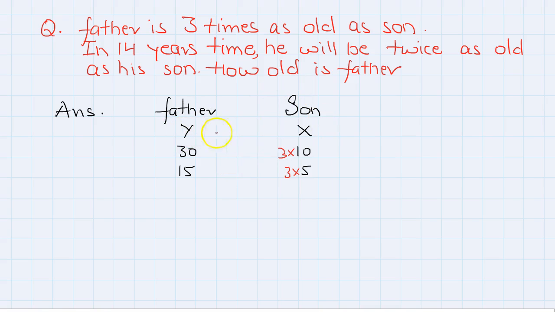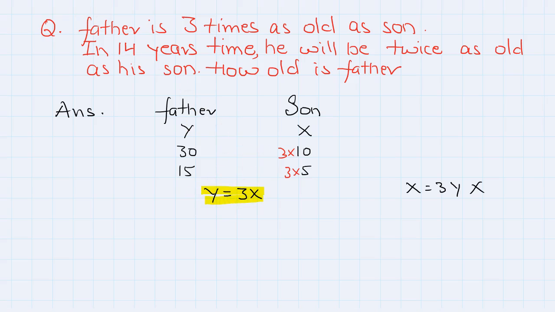So if we form the equation, we will write y is equal to 3x. We will not write x is equal to 3y. This will be wrong, as the age of the son is smaller compared to the father. So you have to multiply the age of the son. So the first equation we have got is y is equal to 3x.